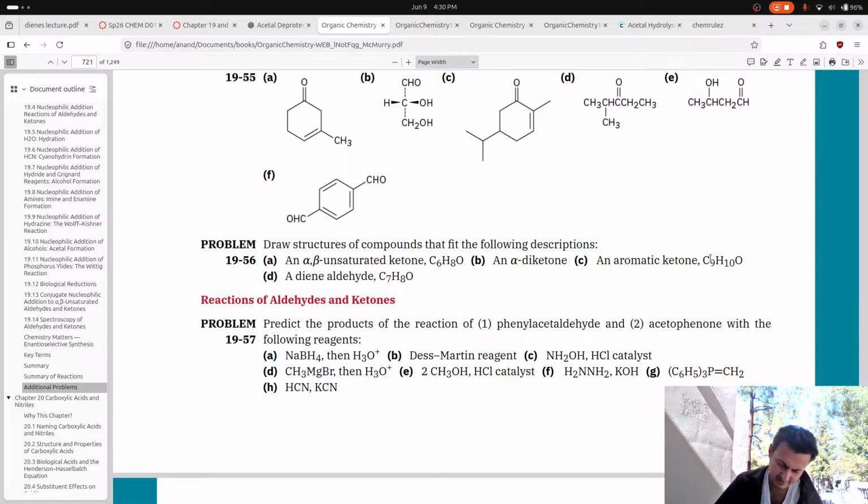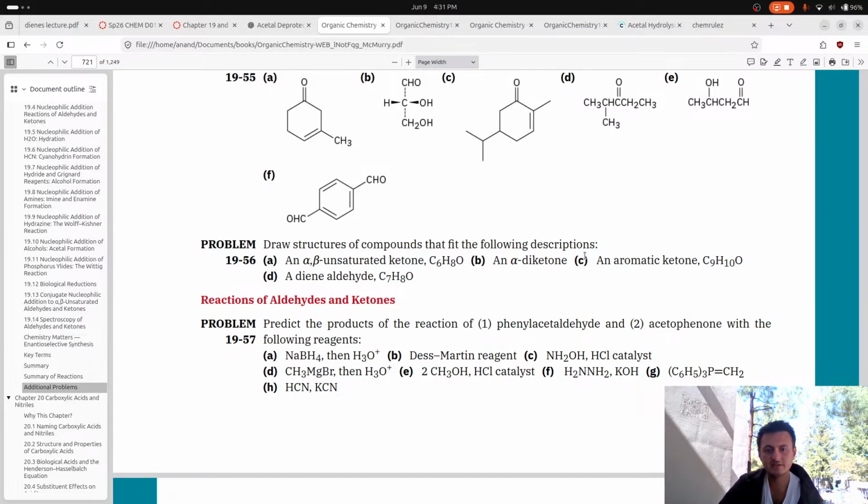Actually, there needs to be something special, because the double bonds aren't just random. I don't know how you do that. That one's weird.